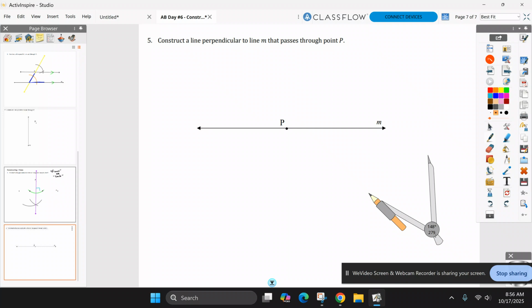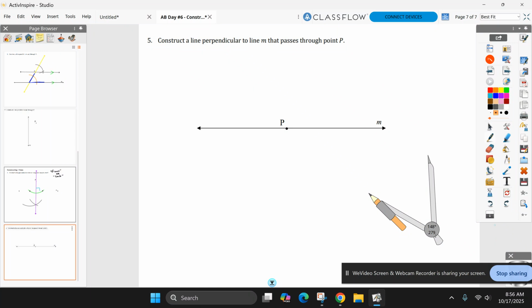So either this one, because it's got to be the transversal and AB. Either one. Okay, and then you do it up here. Make sure the angle you decide to copy is formed by AB and the transversal, not any other side of the triangle.